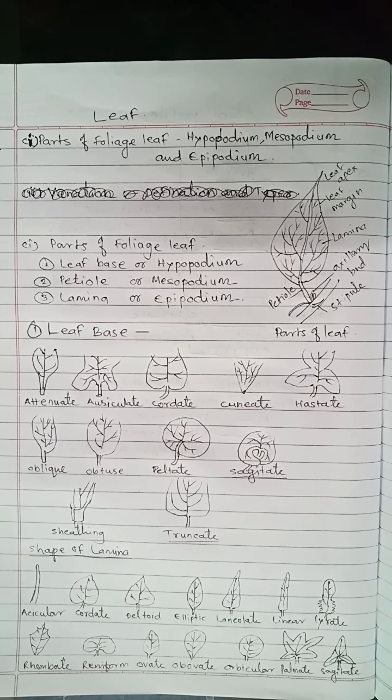The leaf lamina is traversed by prominent vascular strands called veins. The three main parts of a typical leaf are leaf base or hypopodium, petiole or mesopodium, and lamina, that is epipodium. First one, leaf base.